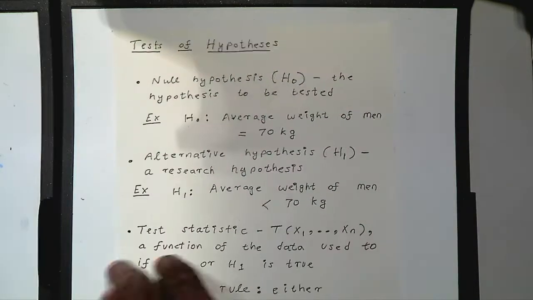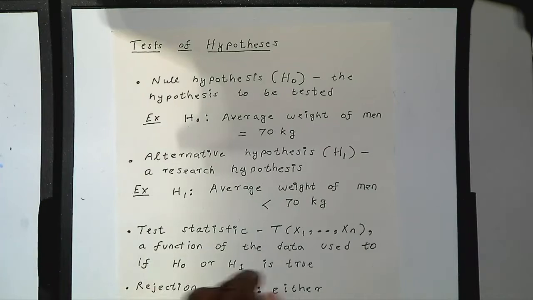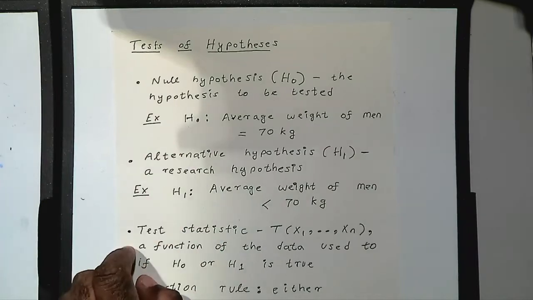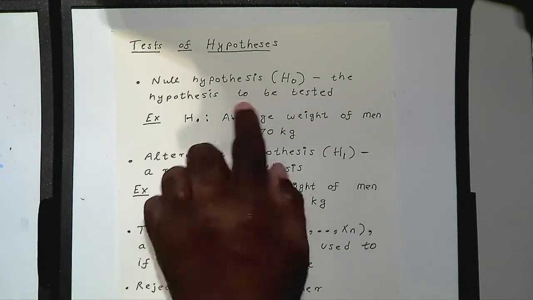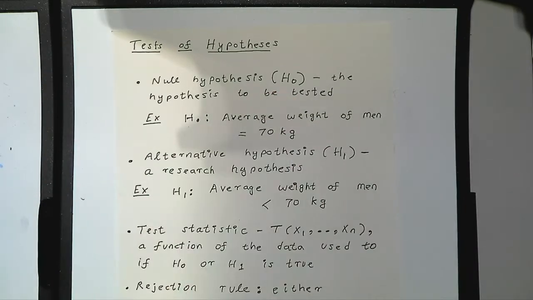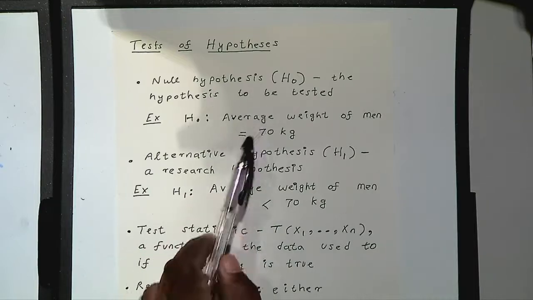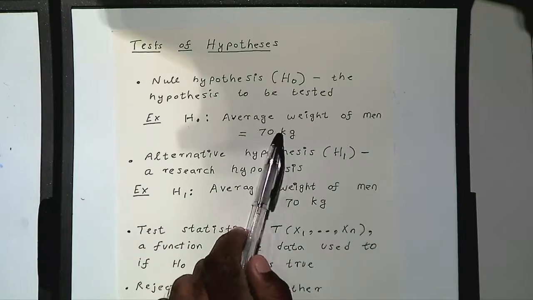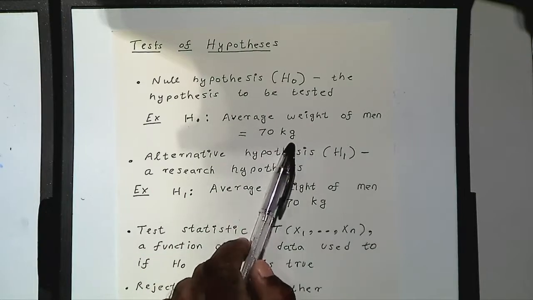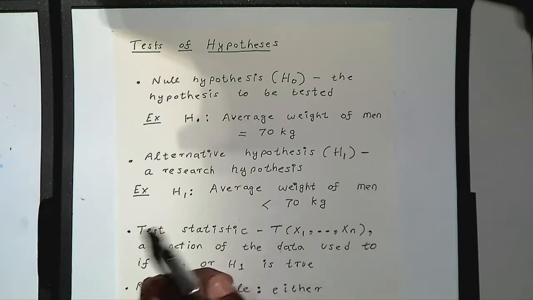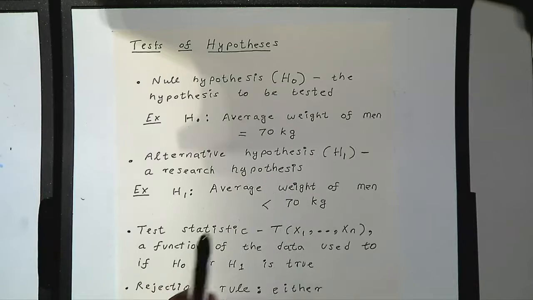All right, now, on Monday of this week, I started talking about test of hypothesis, right? There are a few things you need to know about test of hypothesis. The first one is known as the null hypothesis, which is the hypothesis to be tested. For example, the average weight of men is equal to 70 kg. That's an example of a null hypothesis.